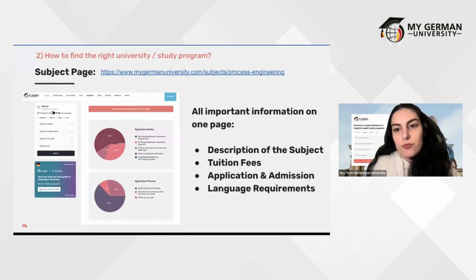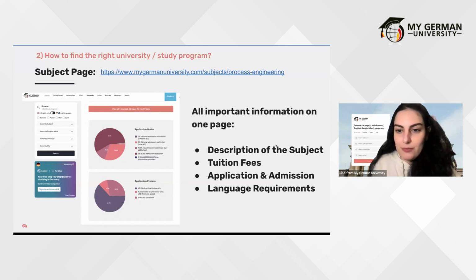Then we have subject pages. For example, if you don't really know how it feels like studying process engineering in Germany, for example, you don't know what are average tuition fees, or are there any, or maybe what are usual language requirements, you can check subject pages that provide an overview of the subject and what the possibilities are in Germany.